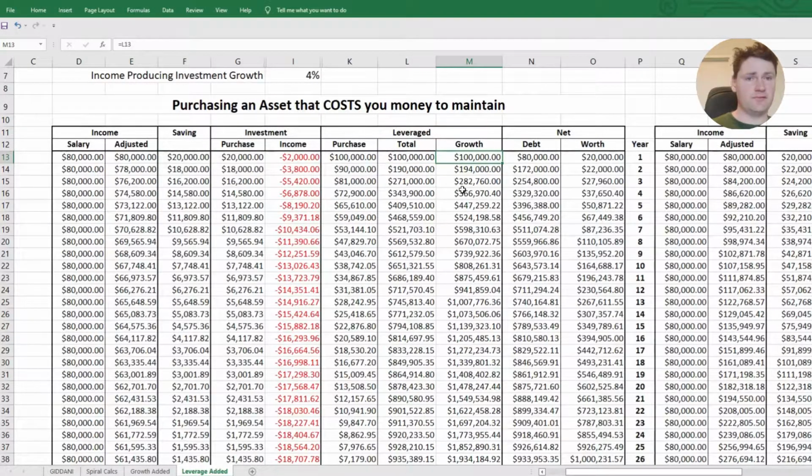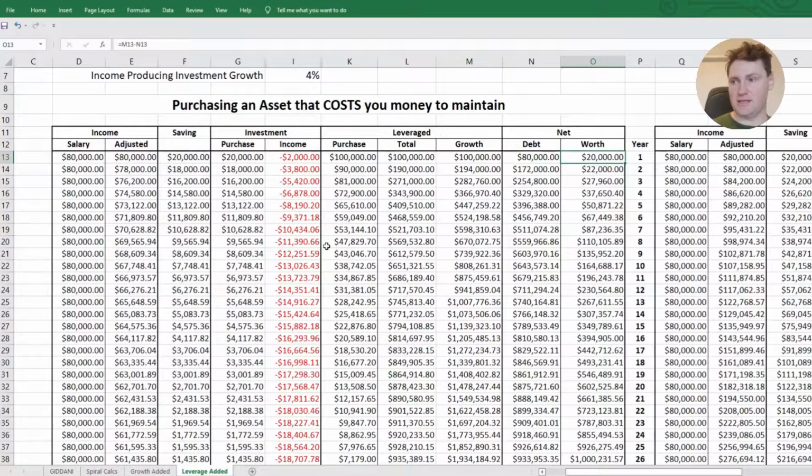There is no growth in year one because that's the year that you purchased your investment. But you do have $80,000 of debt. If you have $80,000 of debt for year one, you have $20,000 of net worth because it's $100,000, your asset total, minus the debt or the exposure that you're into the market.